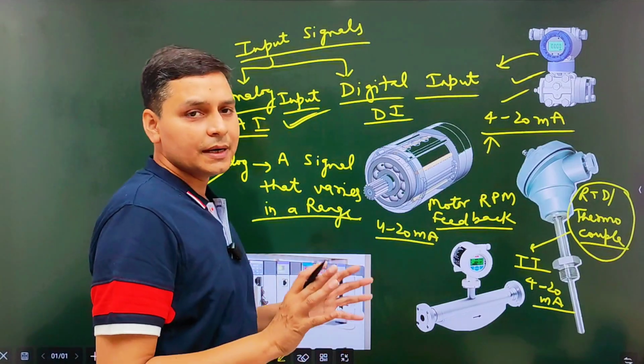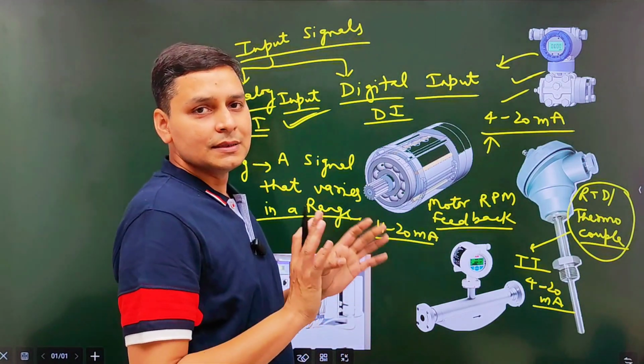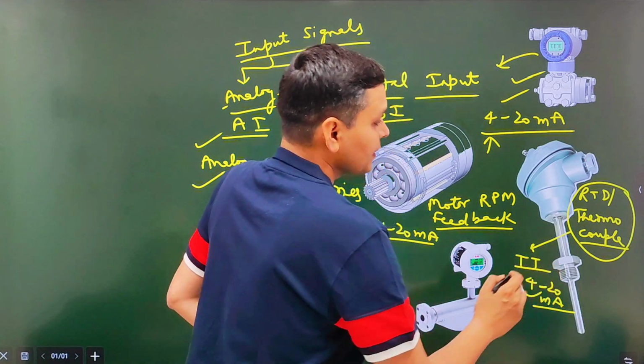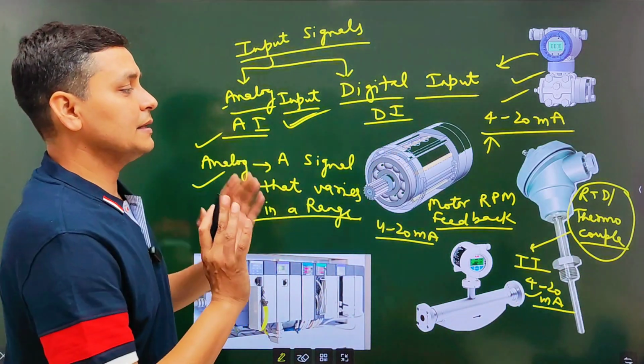But if we use an RTD and thermocouple separately, their signal range will not be 4 to 20 milliampere, but they will still vary in a range.